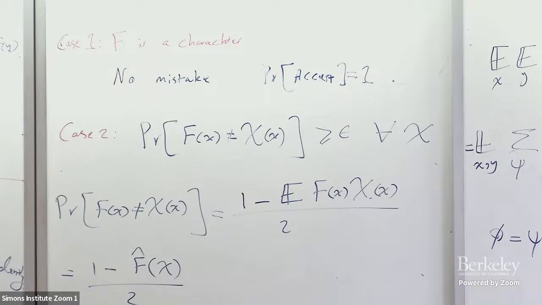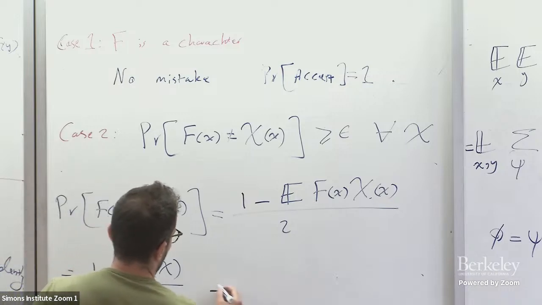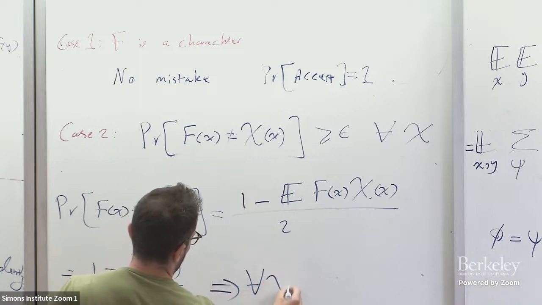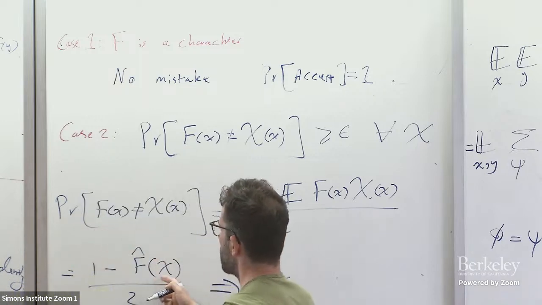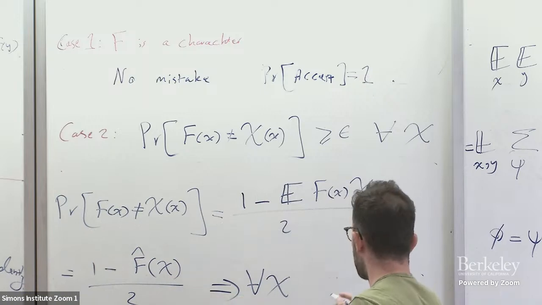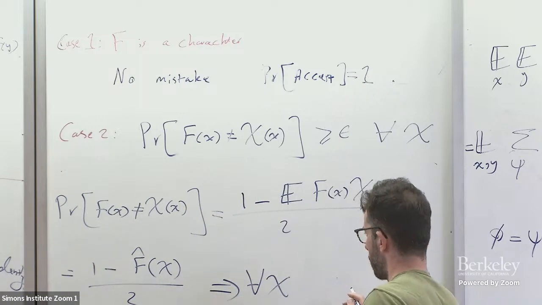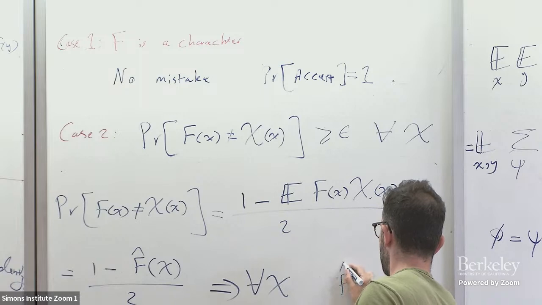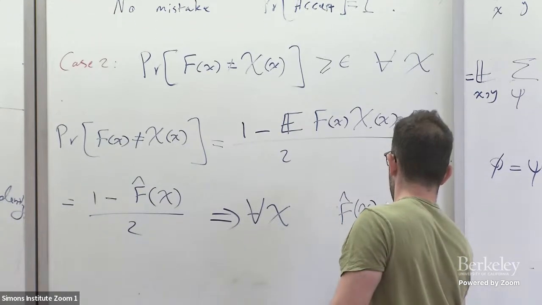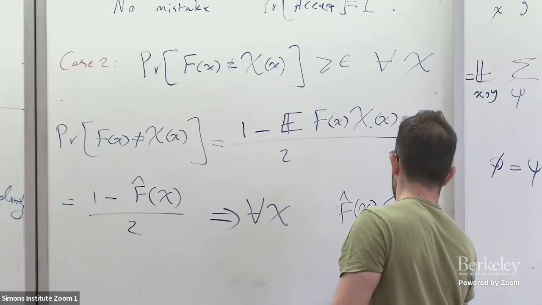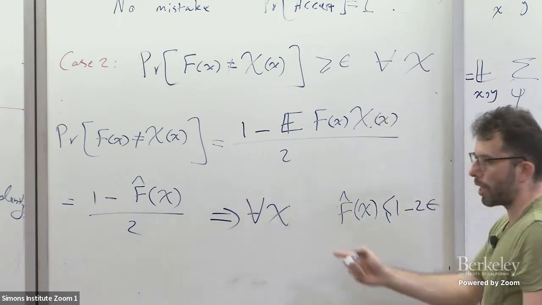Okay. So what we get is that for every character chi, this thing is at least epsilon. So it translates to this, right?